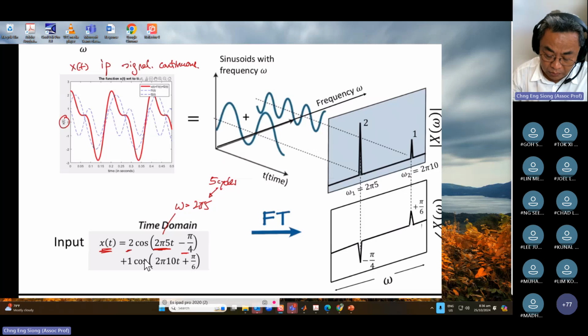Now, we know the original input. So what is the purpose of Fourier transform? It is actually just to find out what the amplitude, what the phase, and at what frequency they exist, exactly like what the equation is trying to tell us in terms of cosines and sines.